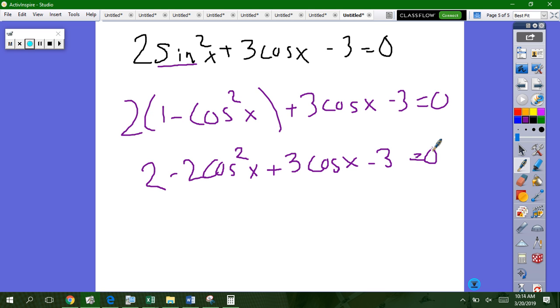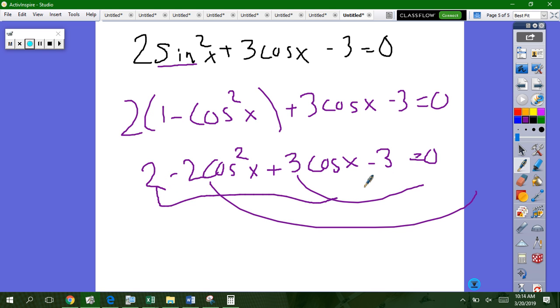So I just wondered, doesn't that look a lot nicer? Okay, so let's go ahead, and I'm going to get everything over. That, by the way, makes -1, getting him over. So I get 0 equals 2 cosine. Now, why did I do this? I like to have my cosine squared usually be positive. That's mainly my reasoning.